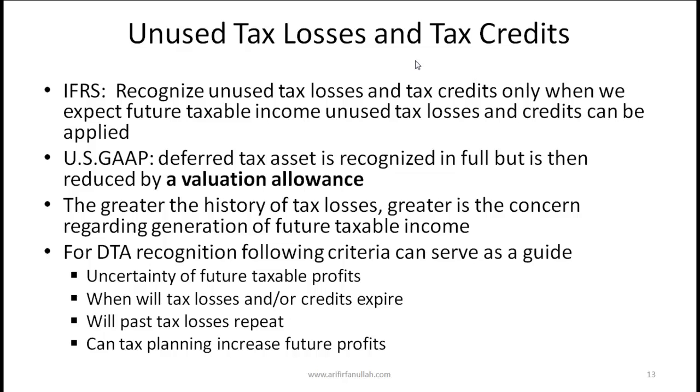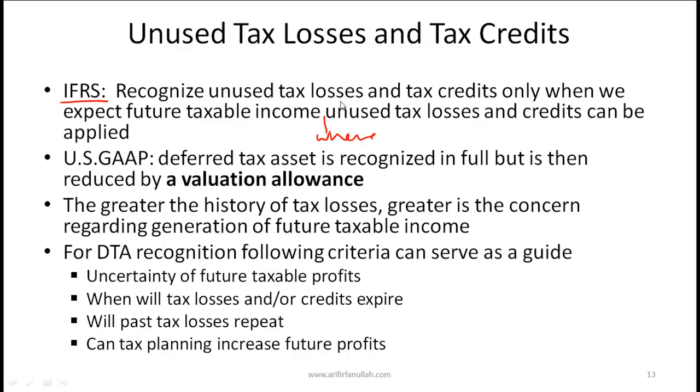Unused tax losses, tax credits. So recognize unused tax losses and tax credits only when we expect future taxable income where unused tax losses and tax credits can be applied.